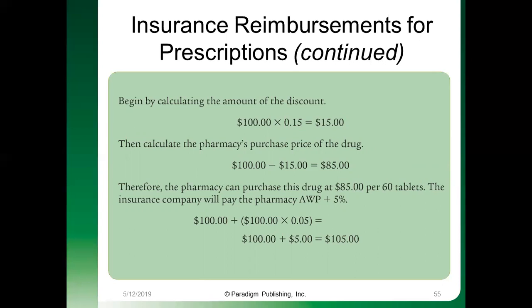The insurance company will pay the average wholesale price plus 5%. So 100 plus 100 times 5%, which is equal to 0.05, is equal to 100 plus 5, which is equal to 105.